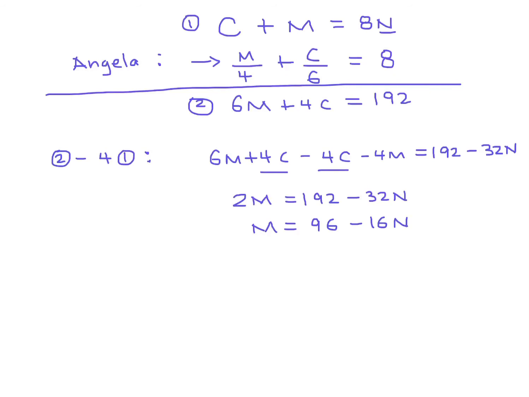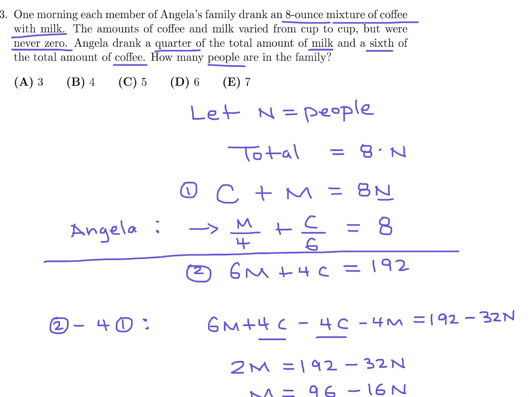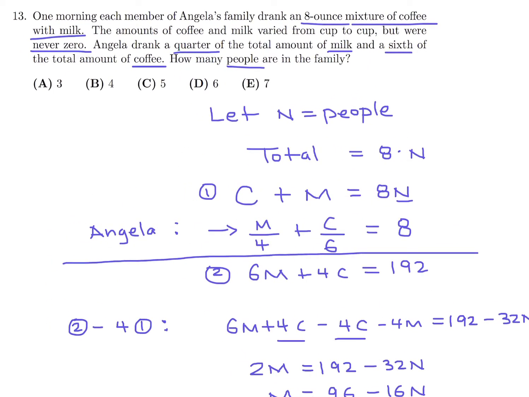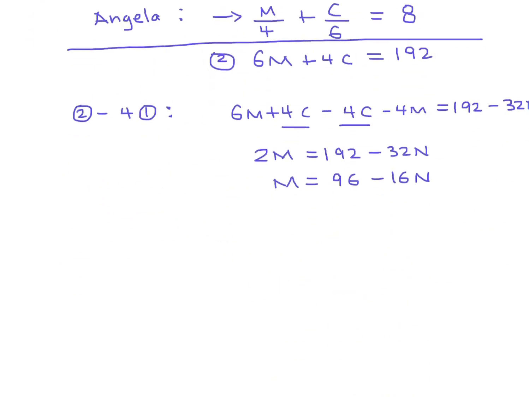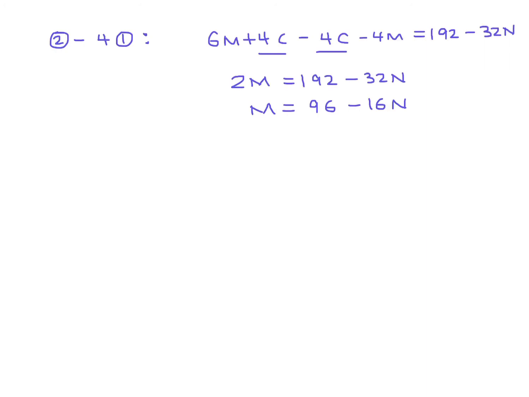Now, the question tells you that the amounts of coffee and milk vary from cup to cup, but were never zero. So the amount of coffee and milk are never zero. So M is not zero, but M has to be some amount greater than 0. So if M is greater than 0, this is greater than 0.